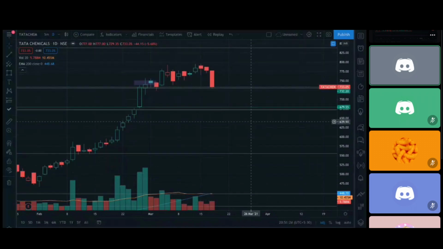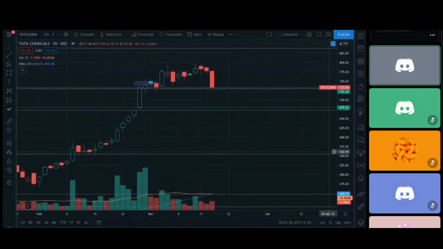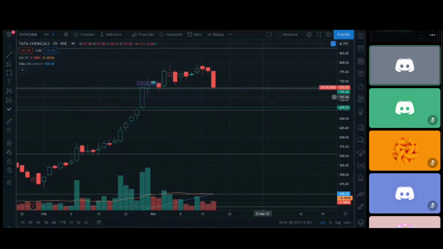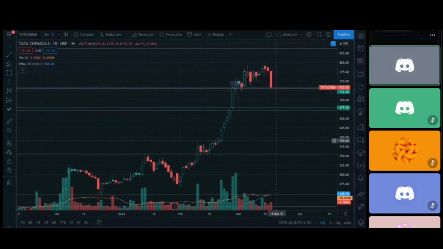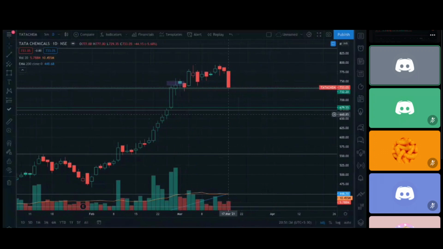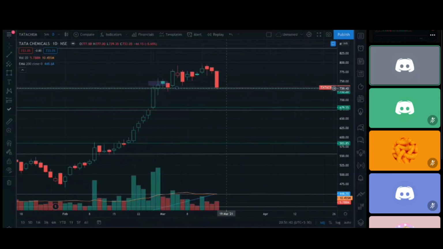The good amount of support I see here is at this level, which is 550, which is massively far from where we are right now. Until this reaches this level, or even this region, which is 583, 590, which is still doable. Until we see these white bodied candles up to this level, we won't call that candle an ending volume.